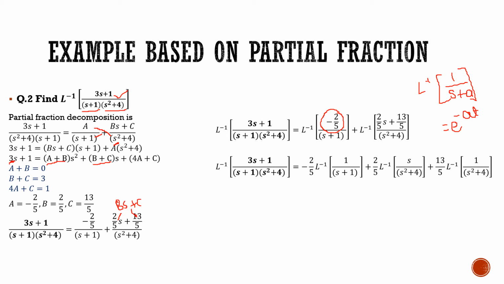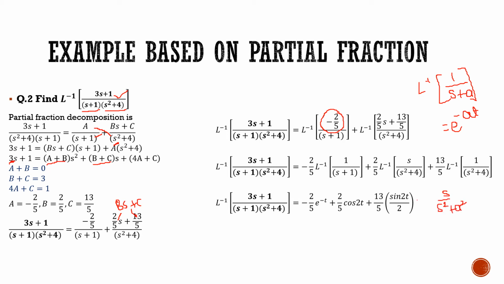And the last one is a constant upon s square plus 4, so this will be 1 upon a sin at. So you can see we have e raised to power minus t by standard formula, and s upon s square plus a square in inverse Laplace transformation is cos at. Similarly, Laplace inverse of 1 upon s square plus a square is 1 upon a sin at.